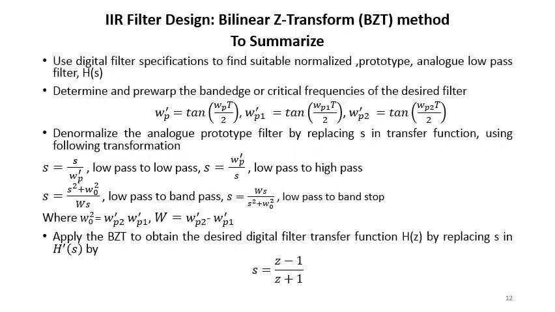So to summarize the BZT method, these are the steps. First, use the digital filter specification to find a suitable normalized prototype analog low pass filter H of S. So first we will obtain a low pass filter, and then we will transform it, because we are using frequency selective filters, from low pass into low pass, low pass into high pass, low pass into band pass, and low pass into band stop.